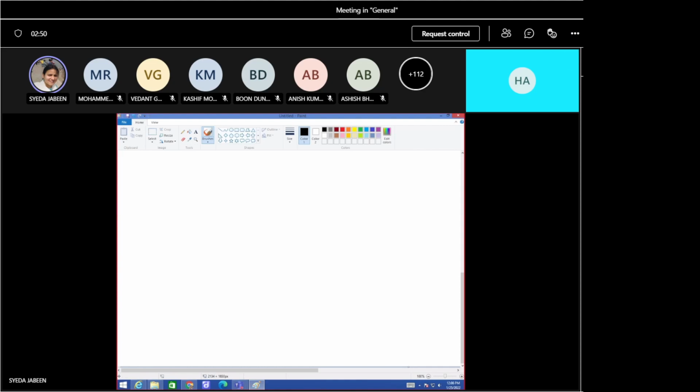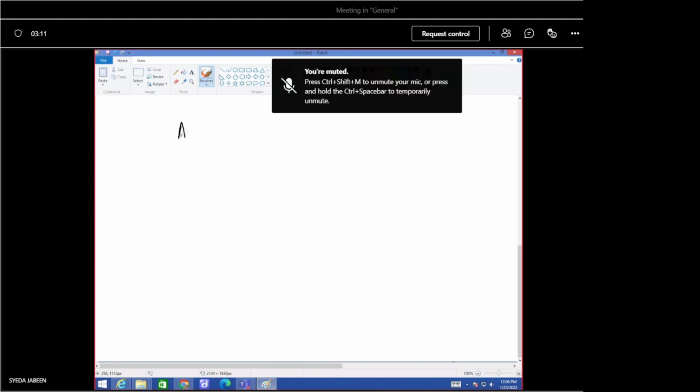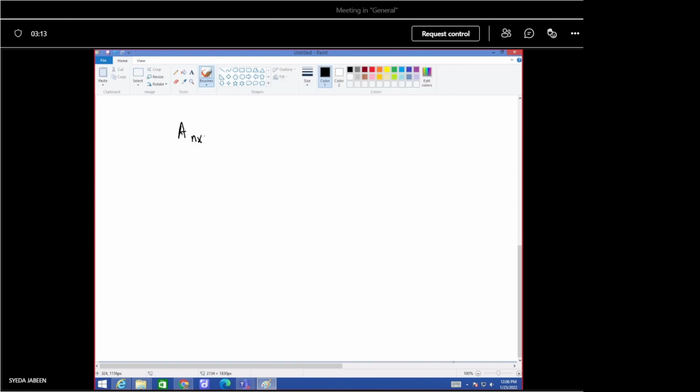Okay, now let us come to the eigenvalues. So if we have any matrix A, the matrix has to be a square matrix, because we need to find the determinant. Whenever we need to find the determinant, the matrix has to be a square matrix.